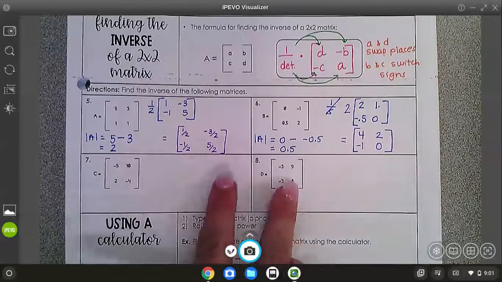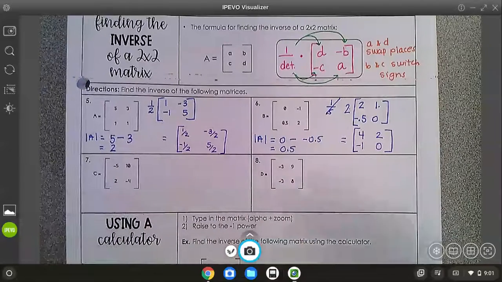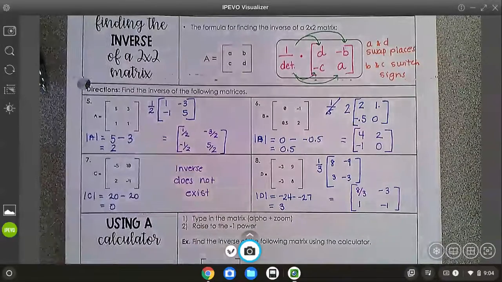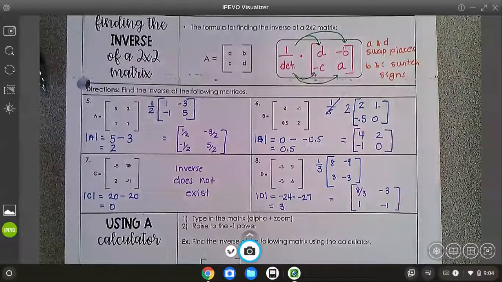Try numbers 7 and 8 on your own. All right. Number 7. Inverse does not exist. You should have got 0 for your determinant. Remember, that means it doesn't exist because you can't have 1 divided by 0. 1 divided by 0 is not 0. 0 divided by 1 is 0.